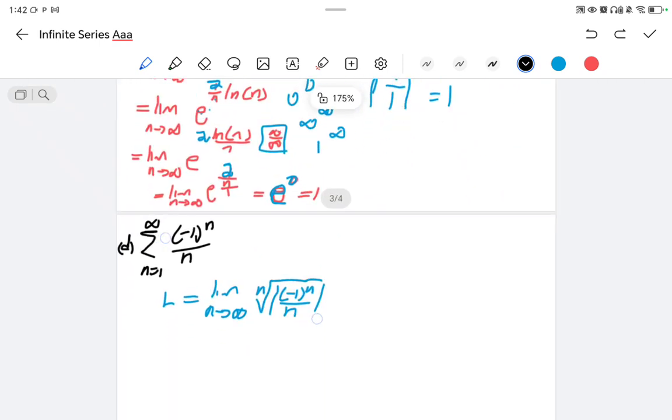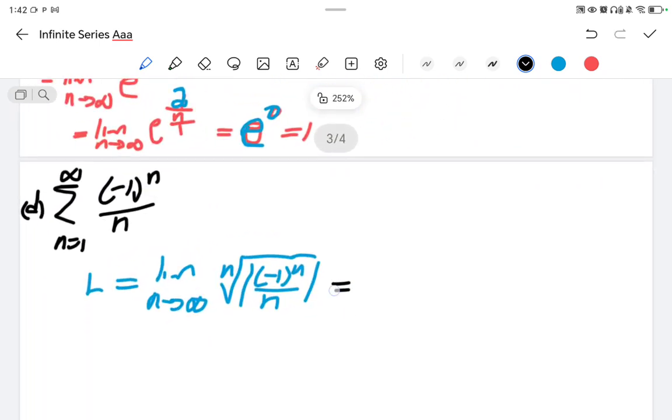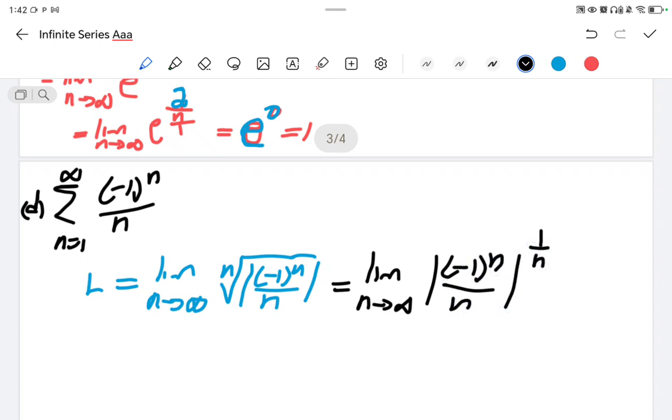So this will be the limit as n approaches infinity of minus 1 to the n over n to the 1 over n. This will be equal to the limit as n approaches infinity of minus 1 over n to the 1 over n. Already we know the limit of this one, the denominator.